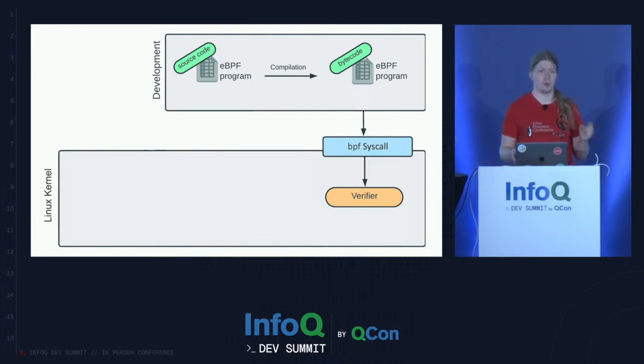Then you have a verifier, which is pretty cool, because when your eBPF program has, for example, misaligned memory access, or it doesn't check whether a pointer is null before accessing it, then you can potentially crash your kernel. We don't want this because we can't really recover from it. So the verifier checks for out-of-bounds accesses, for misuse of pointers and other things, and it can do this because it limits the number of steps that you can execute in eBPF.